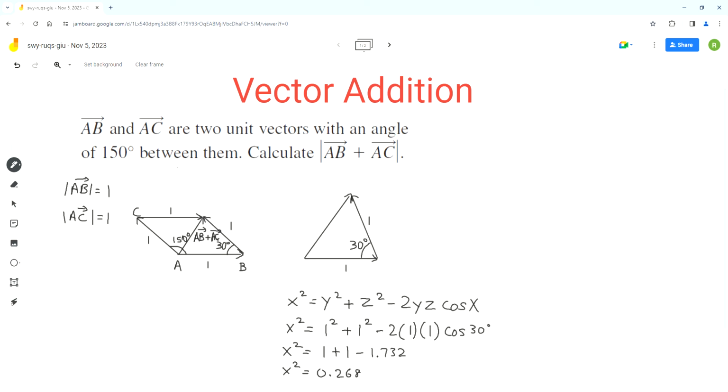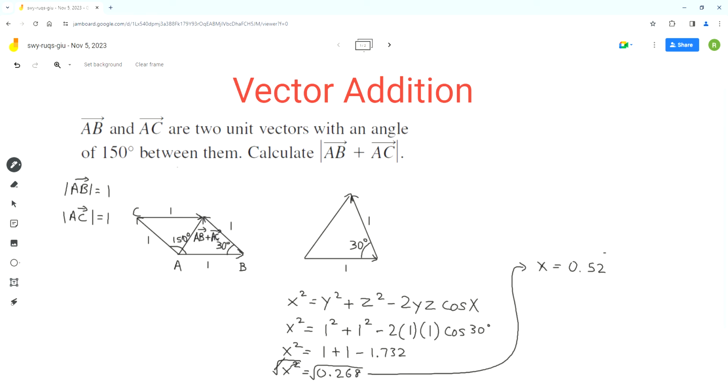And now we can solve for x by applying square root to both sides. So on the left side, the square and the square root will cancel each other out, and we get x equals 0.52. I'm rounding the answer to 2 decimal places.